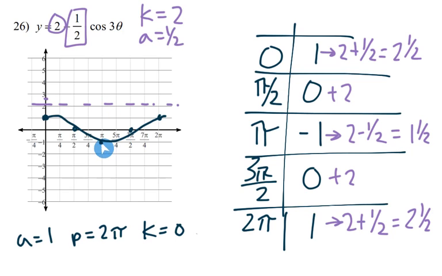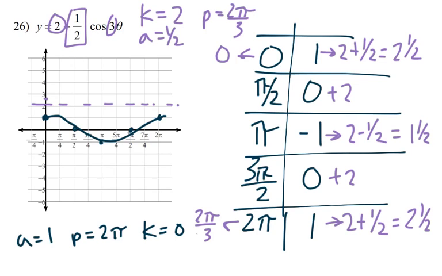Now the problem is we don't know if these points are all going to stay because our period could change, right? So a B of 3 would mean our period is 2 pi divided by 3, which is 2 pi thirds. Okay? So that's going to affect all of our stuff, right? So we still start at 0, but now we're going to end at 2 pi thirds.